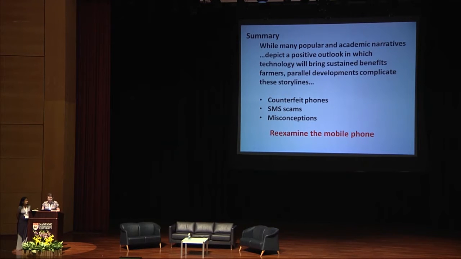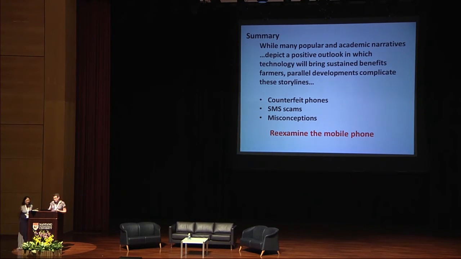So just a summary, things to take away from this talk. While many popular and academic narratives depict a really positive outlook in the way technology will bring sustained benefits to farmers, we see these parallel developments that really complicate these storylines, what Melissa talked about, the counterfeit phones, the SMS scams, and the broader misconceptions about phones and how to use them.